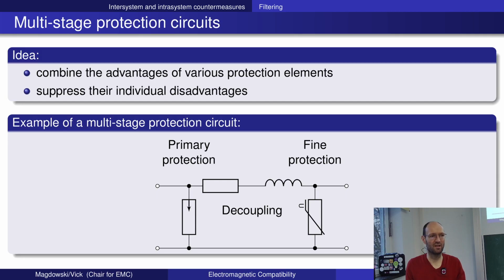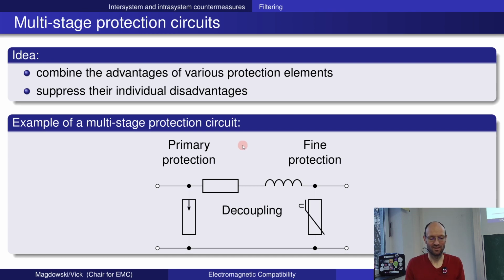Some are reacting faster, but they cannot carry a high current. Some will only work for the low voltage range, some work for the high voltage range. Some are not that fast, but then they can carry a higher current and so on, so that you somehow combine them in a way to use their advantages and to get rid of the disadvantages.